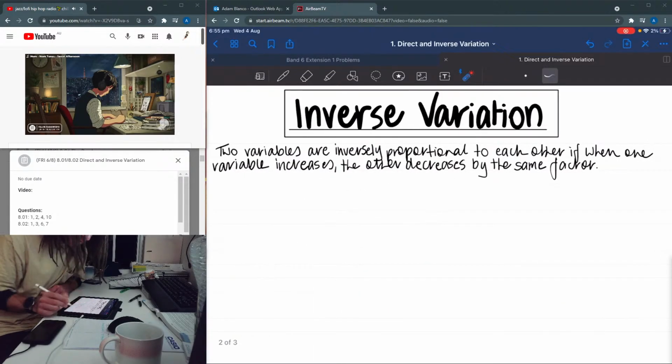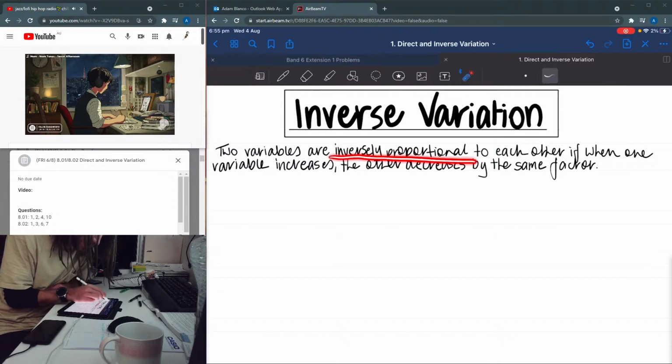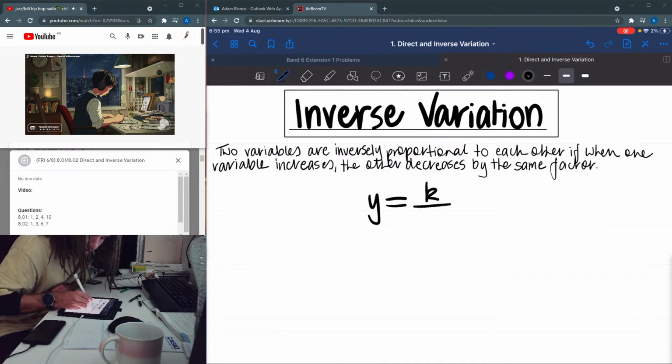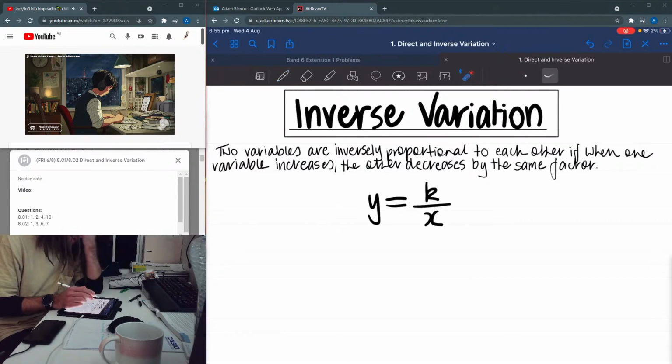So decreasing by the same factor, if they're inversely proportional, it just means y, instead of being equal to kx, is equal to k on x. So inverse just means like, well, how can I put that in a different way? I don't know how else to think about it. Anyway, pretty much this is exactly the same as direct.